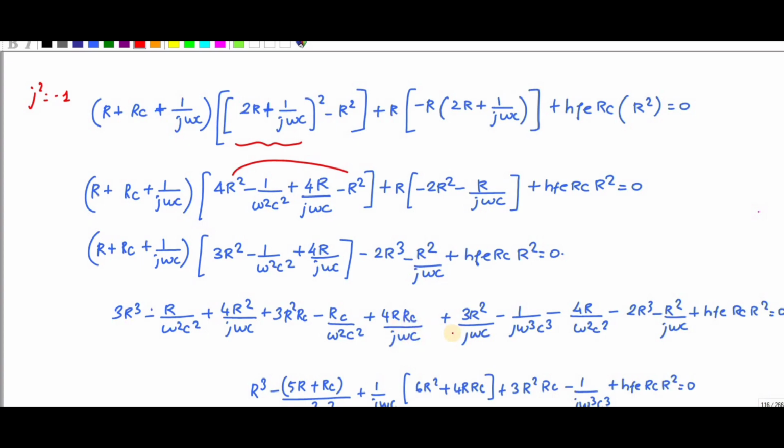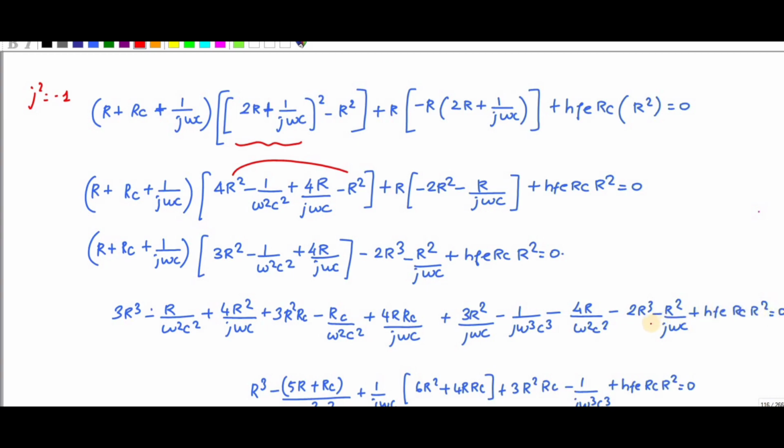So next you have to multiply this 1 divided by j omega c to 3r square. Next minus 1 divided by j omega cube c cube you will get plus this j square will take you to minus, right? So minus 4r divided by omega square c square minus 2r cube minus r square divided by j omega c plus HFE RC r square is equal to 0.